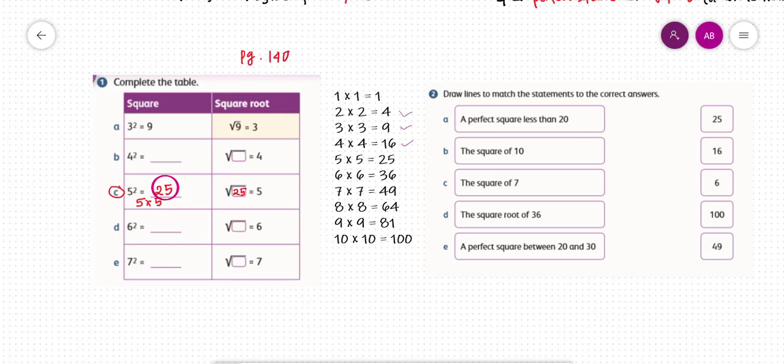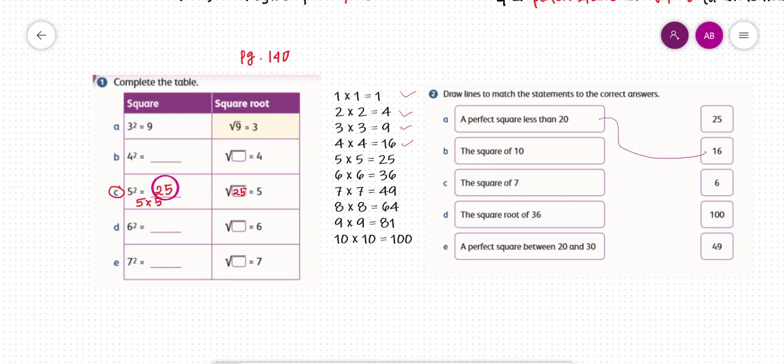You have to draw a line to match the answer for less than 20, right? Draw from here to over here, and then also to 9. Sorry, there's no 9. So there's no 4 and there's no 1. So it's only 16.